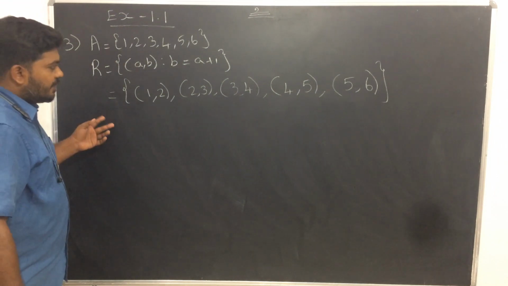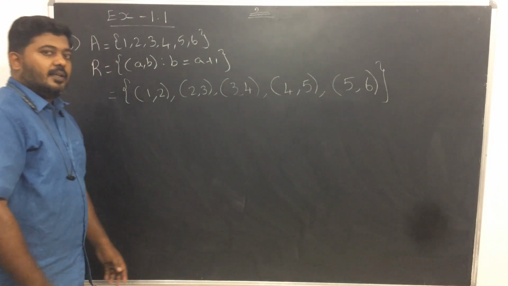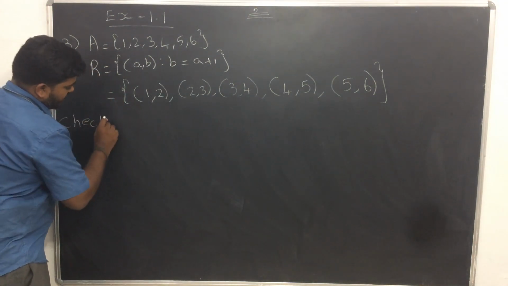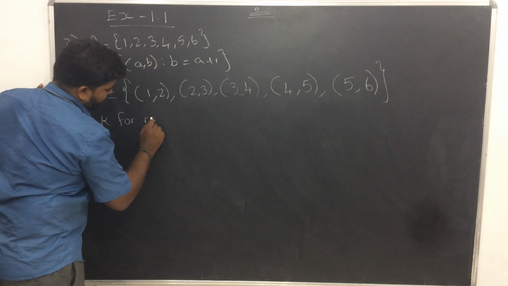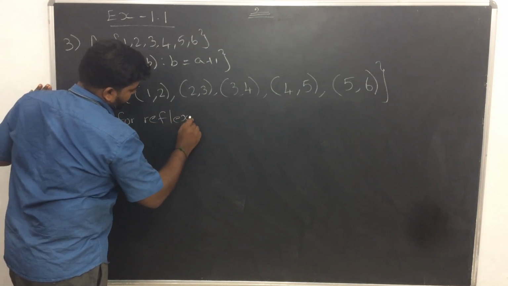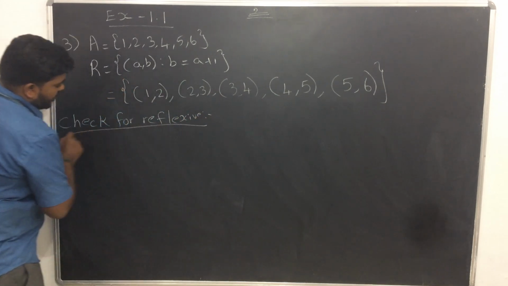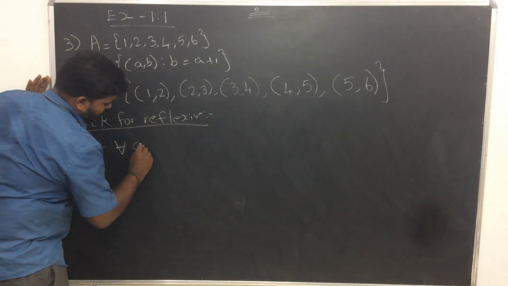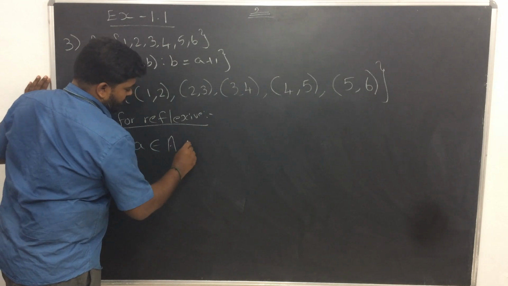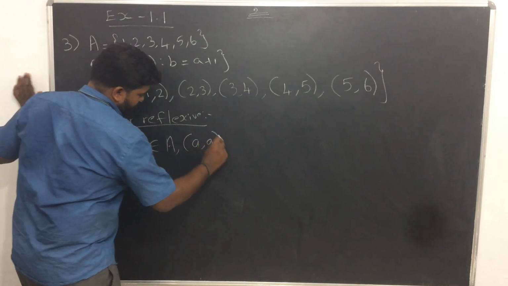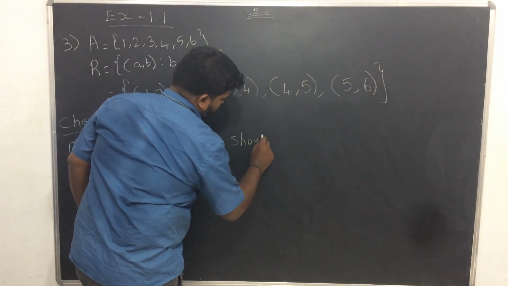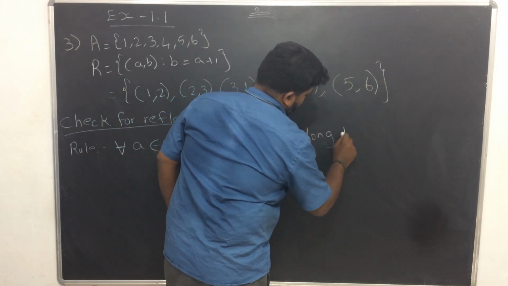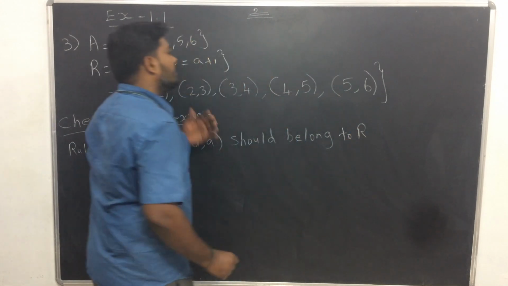Now that we have found the values of R, let's start checking for reflexive, symmetric and transitive. Starting with reflexive. Check for reflexive. What is the rule? You know the rule is, for every A belonging to set A, the ordered pair of the form A comma A should belong to R. So this is the rule for any relation to be reflexive. Right?